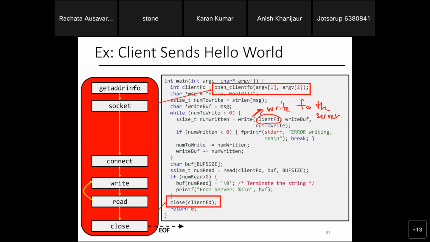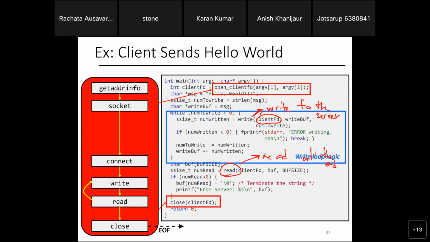So you write that, and once you're done, you read at the end. Afterward, you close the connection and you're done. So that part is the loop body that performs the write loop into the server. Once you're done, you read it back.